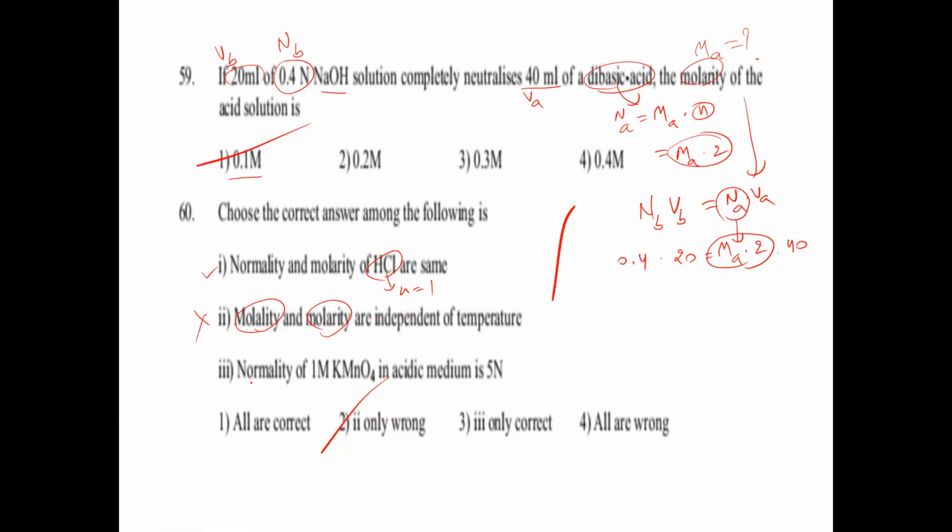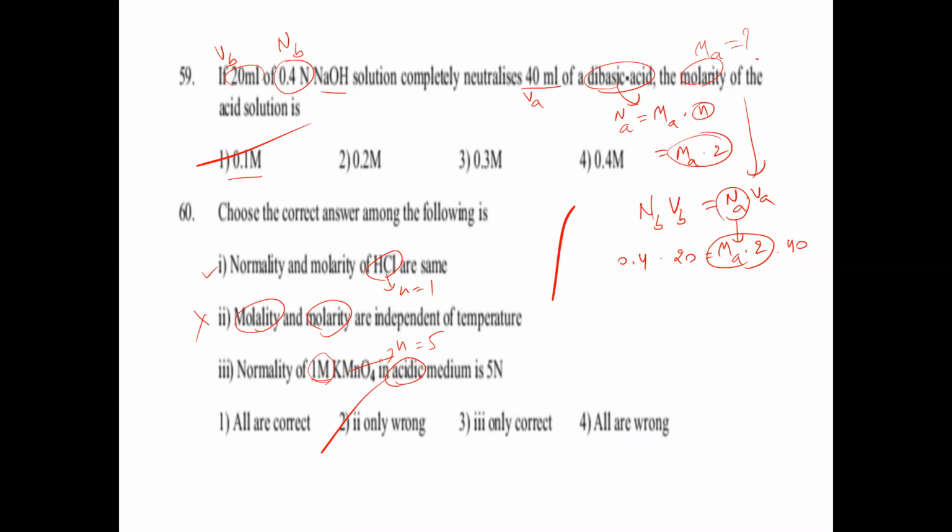Next, the third one. Normality of 1 molar KMnO4 in acidic medium. In acidic medium, what is the N factor of this? N factor of KMnO4, potassium permanganate, is equal to 5. So an N factor of 5 in acidic medium indicates that molarity and normality are not the same. Now normality is equal to molarity into N factor.